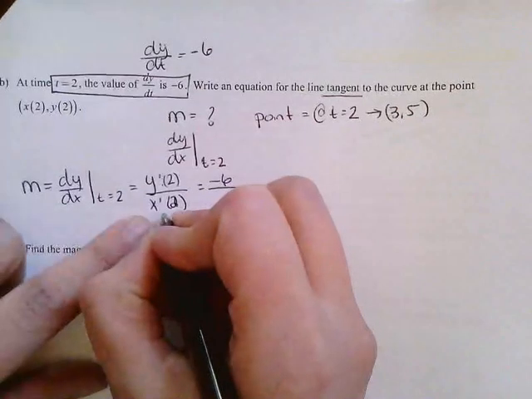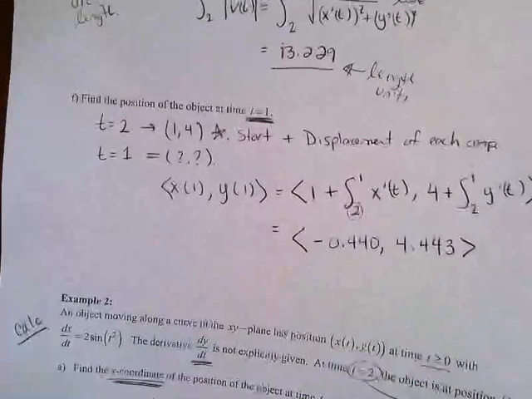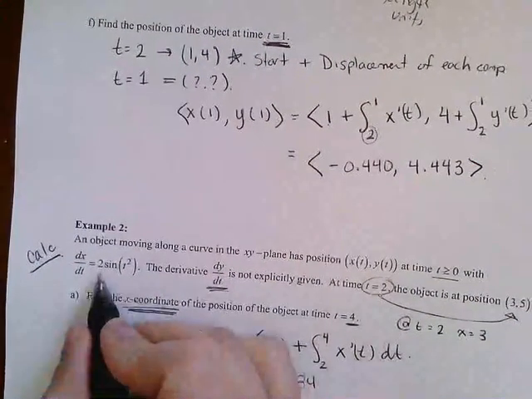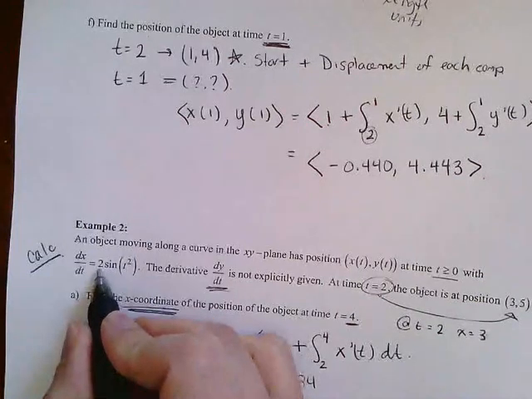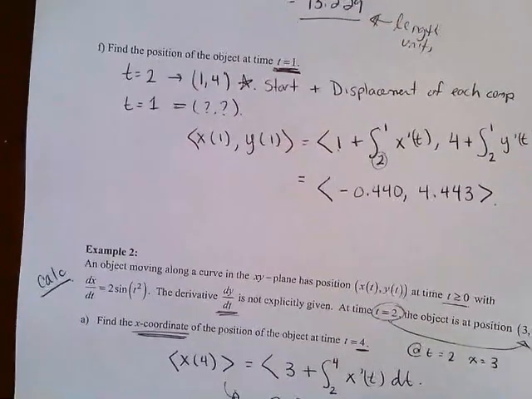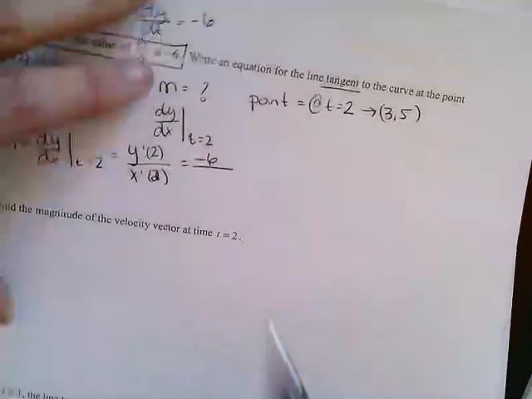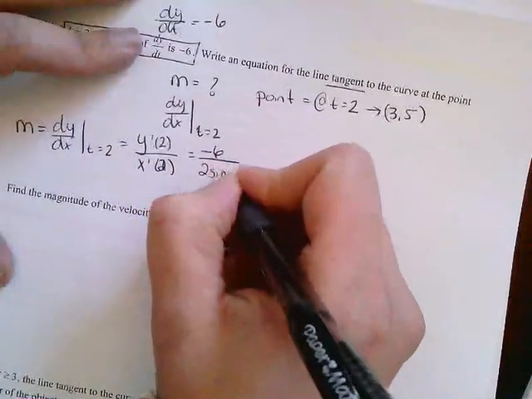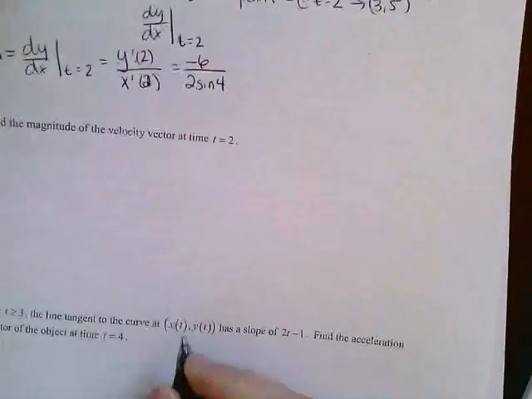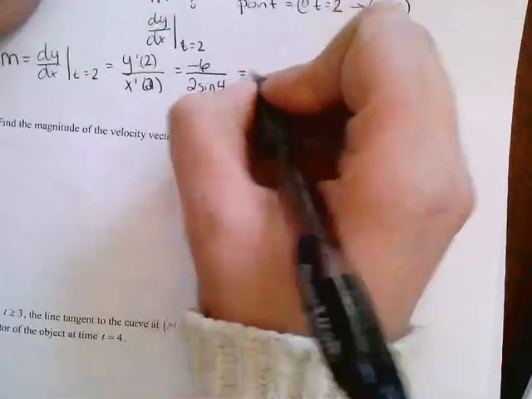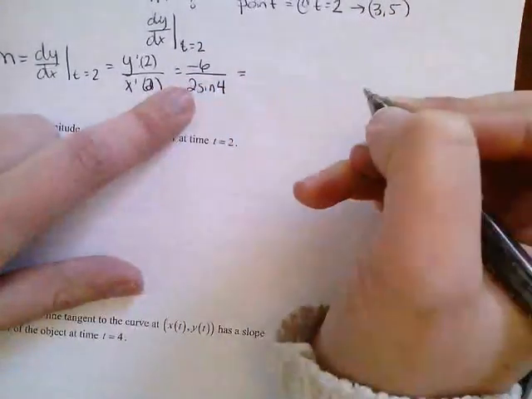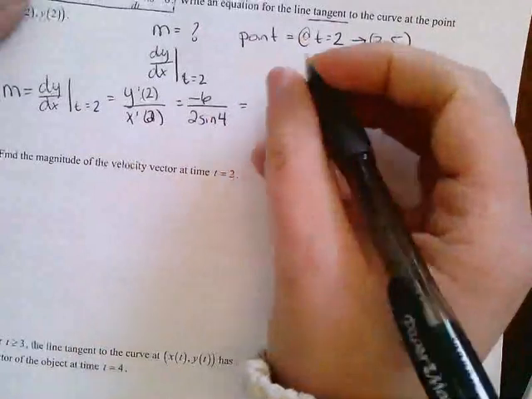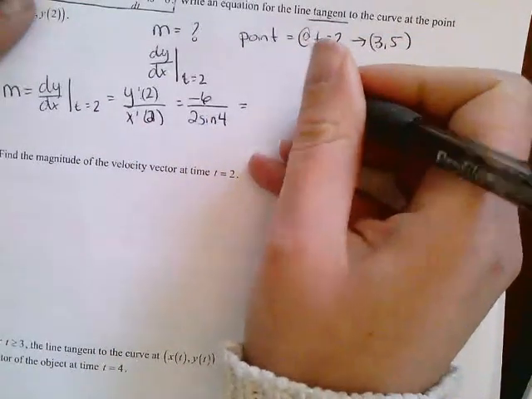And down here, x prime of 2, they told us that x prime is 2 sine t squared. So I just need to plug in 2 into t. So it's 2 sine of 4. And you can clean this up. Now, if this was a calculator problem, you'd want to evaluate this to get an actual number.